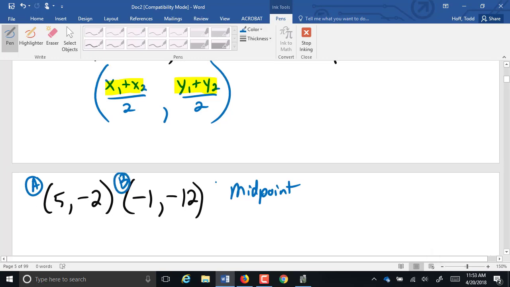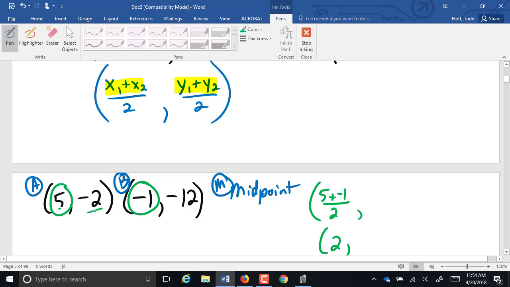So the midpoint we're looking for is point M. To find that midpoint, the x-coordinate of the midpoint is the average of our x-coordinates of our endpoints. So we have 5 and -1. So 5 plus -1 is 4, divided by 2 would be 2, is our x-coordinate of our midpoint.